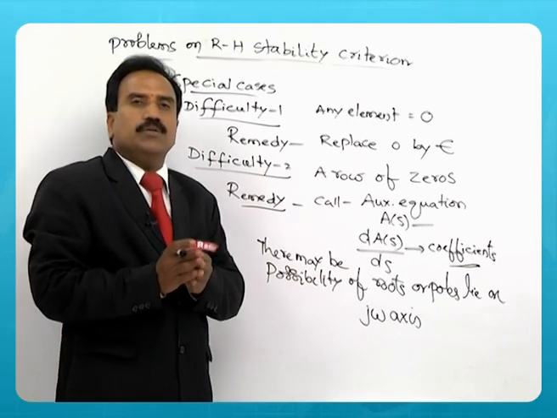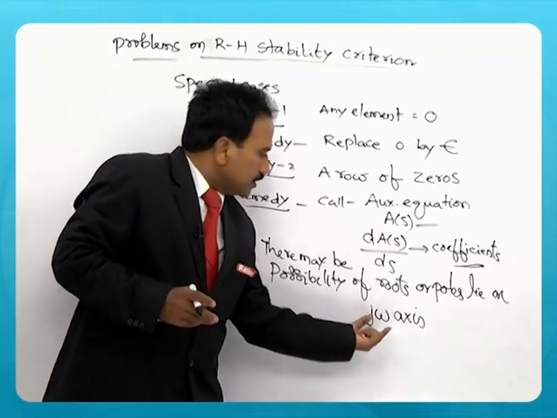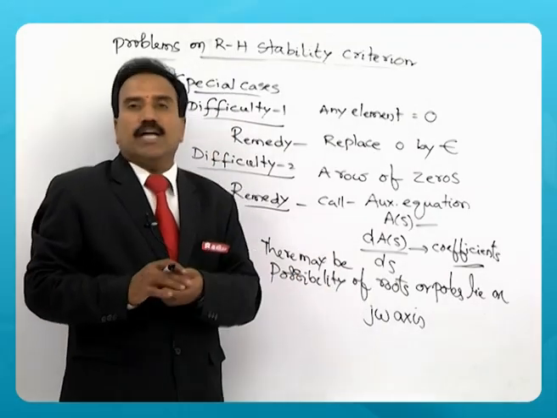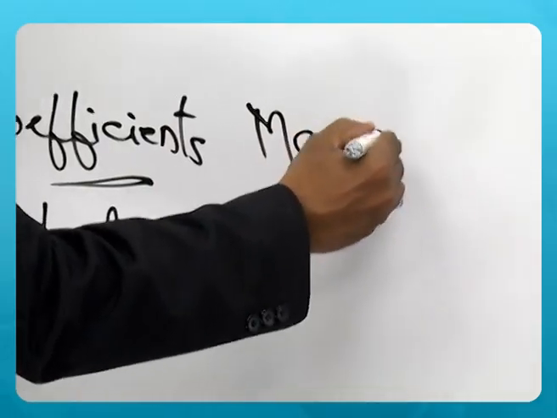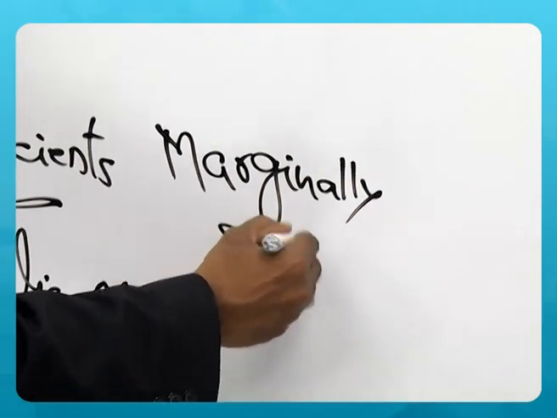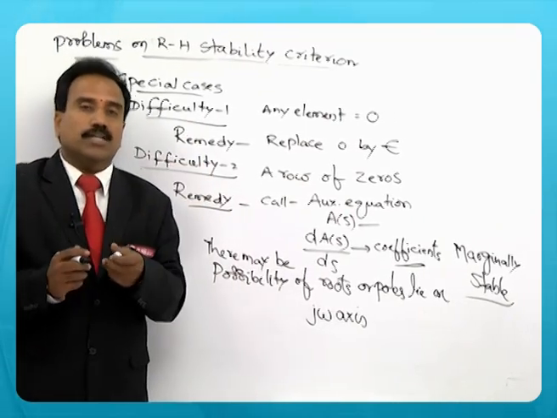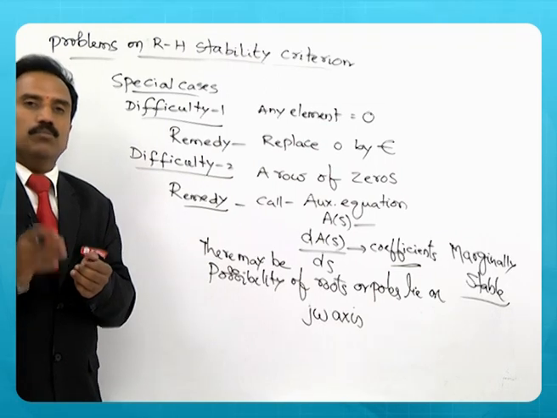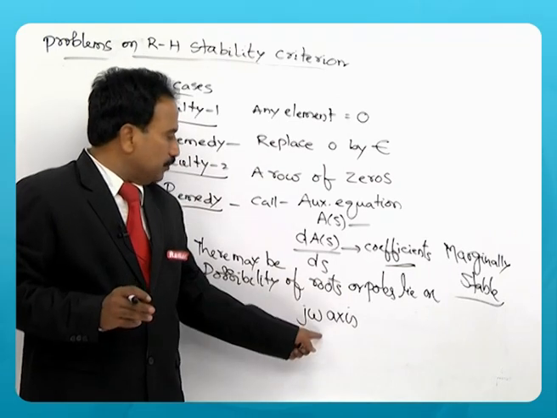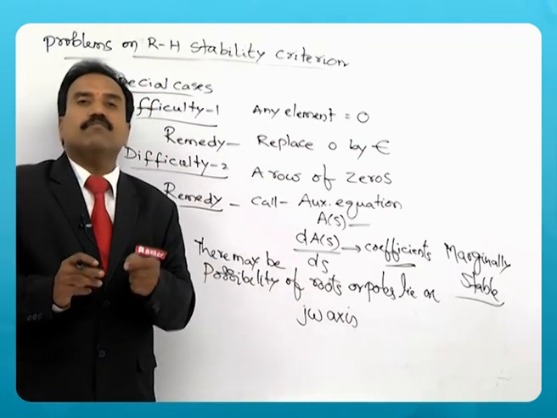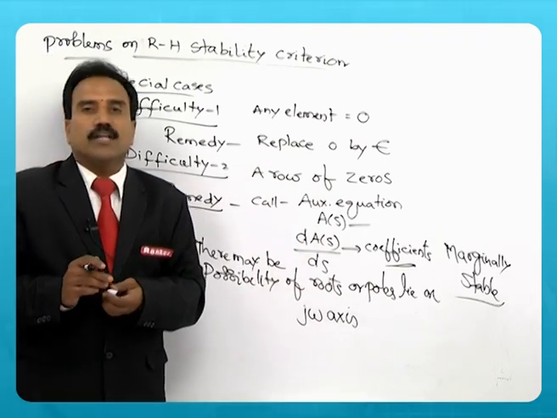So, the existence of a row of zeros in the R-H table is indicative of some roots lying on the j omega axis, and indicates that the system is marginally stable. So that information also you get from the R-H table, that any roots lying on the j omega axis can also be determined. And once you are able to determine such roots, the frequency of oscillations of a given system can also be determined from this R-H table.